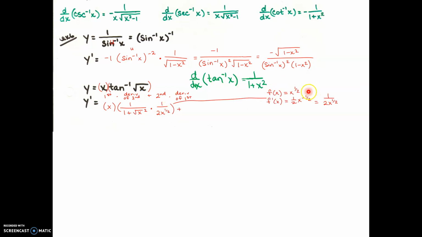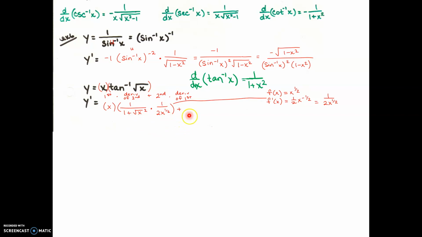So if f of x is x to the 1/2, then the derivative of that is just 1/2 x to the negative 1/2, or you could write it this way. We've done that same derivative a ton of times by now, but again, that's the derivative of the inside. All right, so again, what we've got is first, this whole thing is derivative of second, because we used chain rule and we did derivative of outside times derivative of inside.